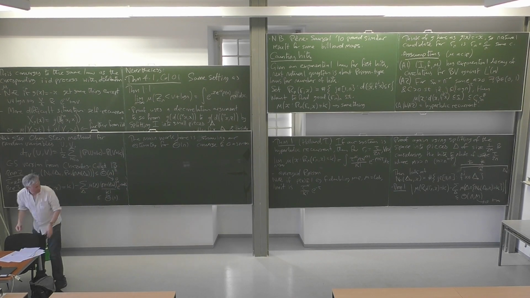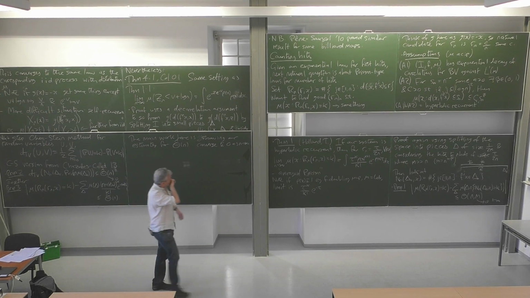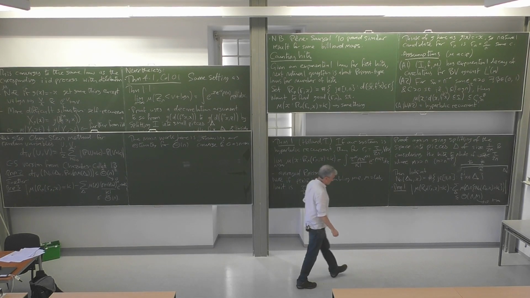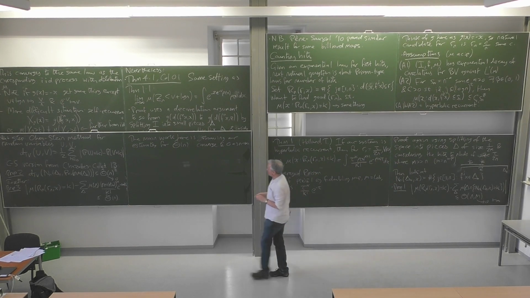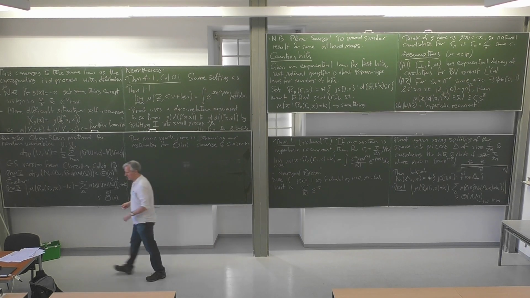So that's basically how the proof goes. That's the first theorem I want to talk about, with a sketch of the proof. The next thing I'm going to do is talk about some almost sure results. Does anyone have any questions before I do that?